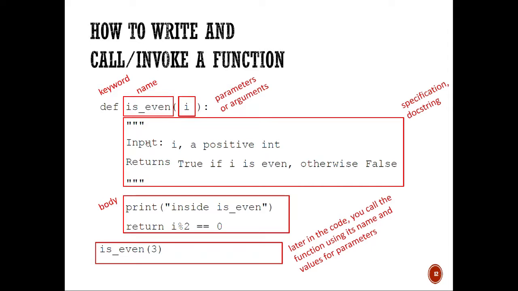Here it's describing that the function takes an input, a positive integer i, and returns a Boolean, true if this number is even, or otherwise false.